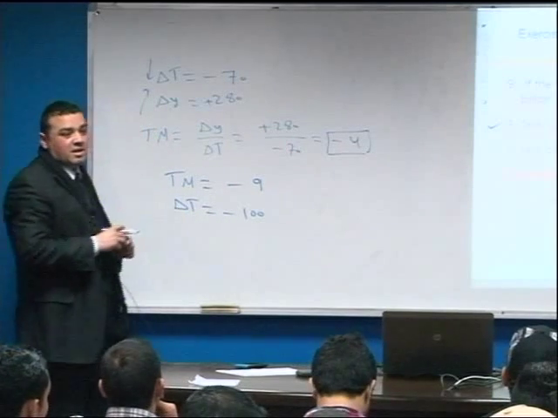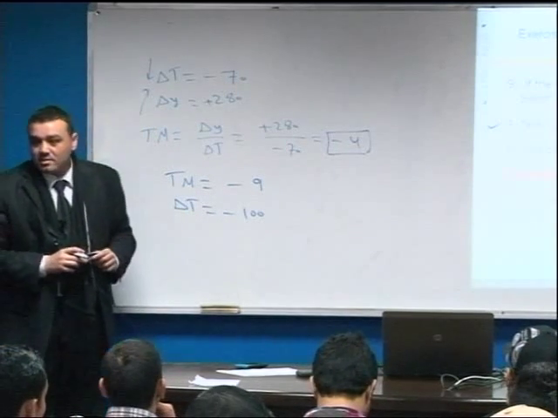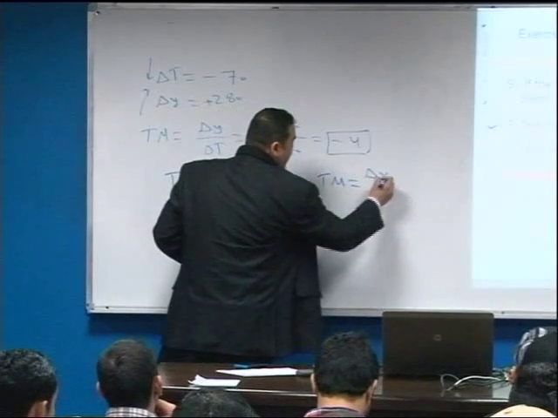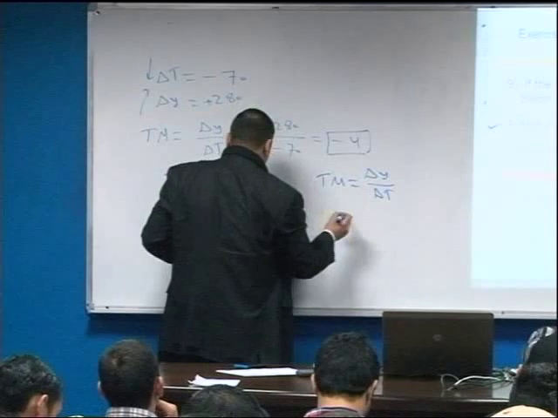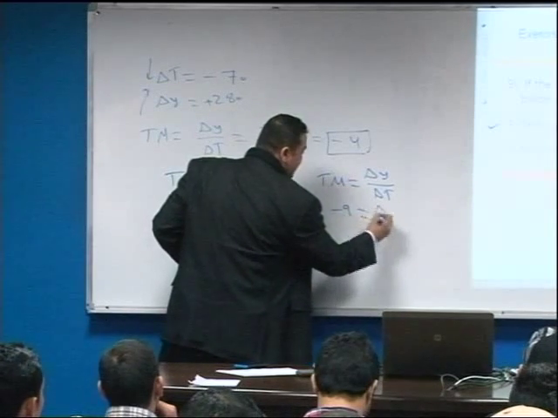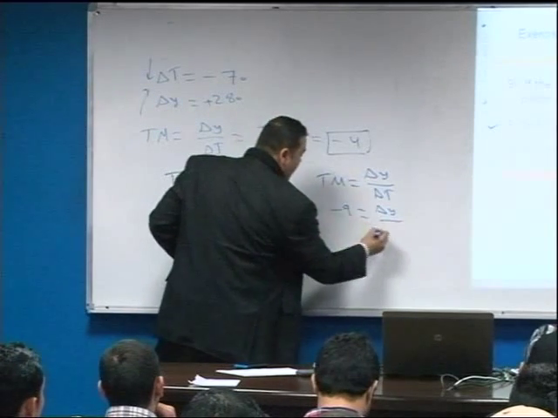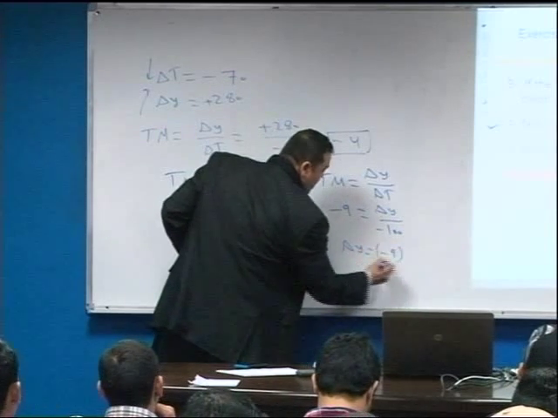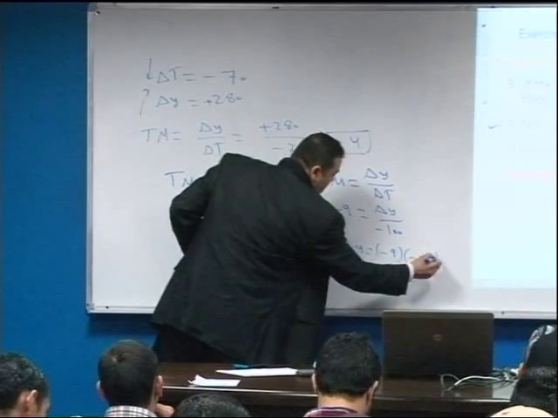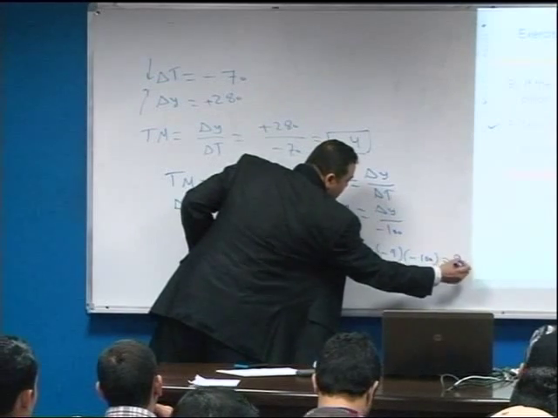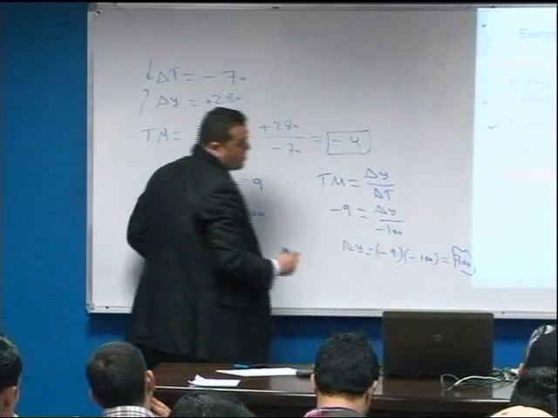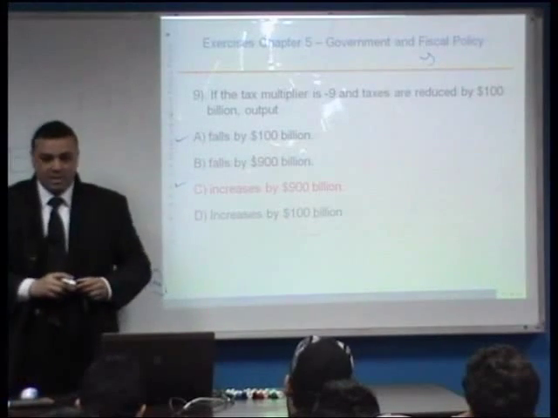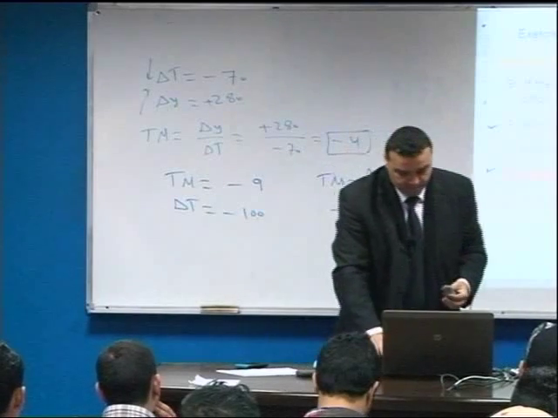How much is the change in Y? The tax multiplier equals delta Y over delta T. Tax multiplier, minus 9, equals delta Y over minus 100. So delta Y equals minus 9 times minus 100 equals positive 900. Yes, so the output would increase by $900 million, right? Okay.